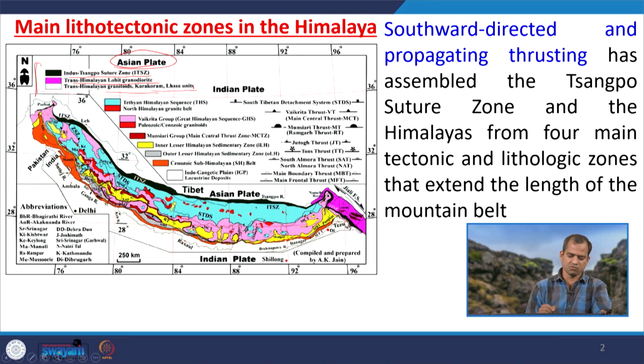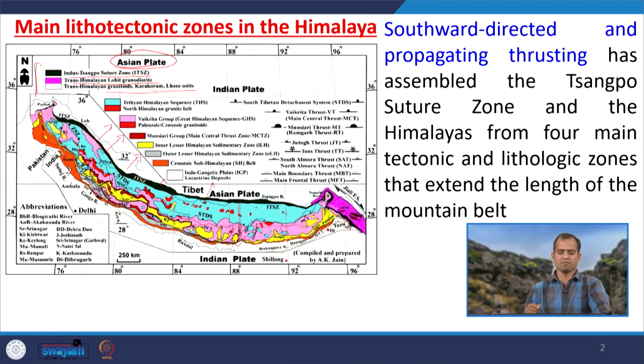So, if you see here, starting from this black region or this index in the black region to northward, it is coming under this Asian plate. And south of this black region is coming under the Indian plate.